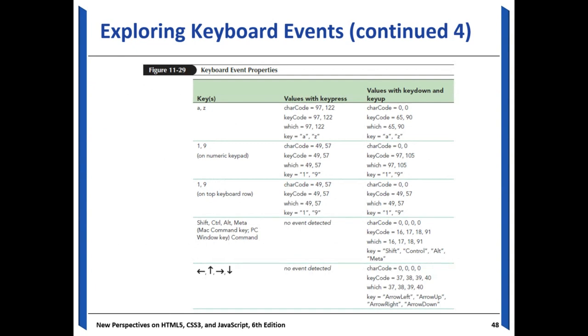Let's see an example of the keys A through Z, character codes, key codes, which keys were pressed, the key itself. So we see the different values of the keyups, keydowns, and the keypress listed in this figure here.